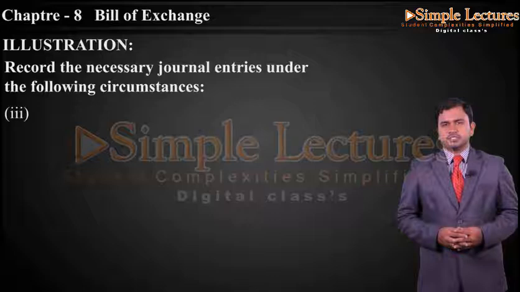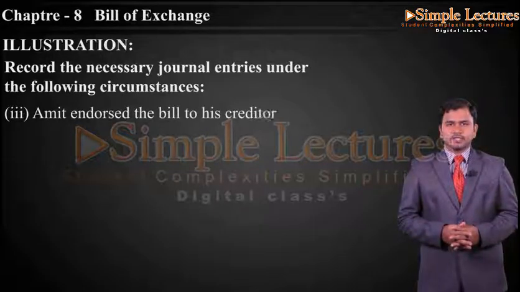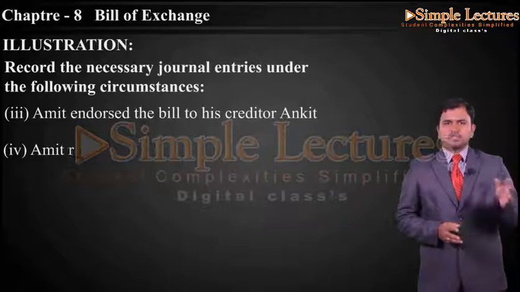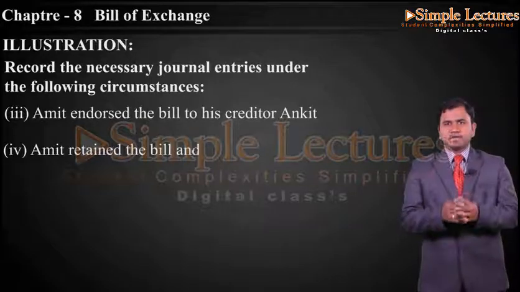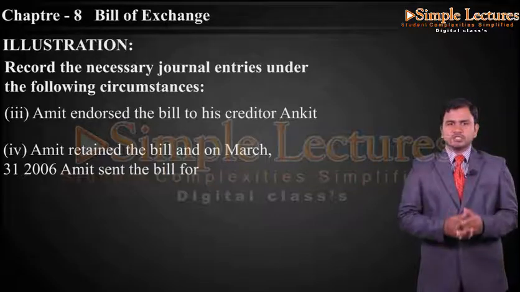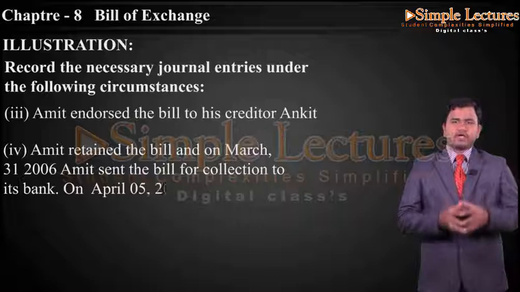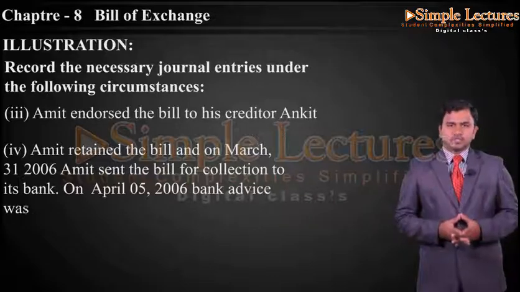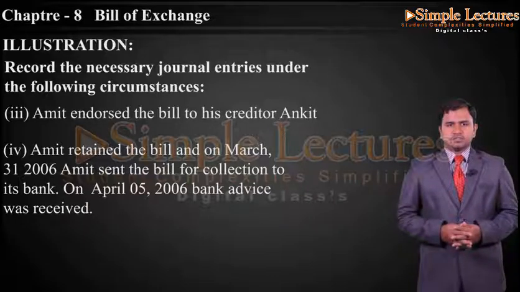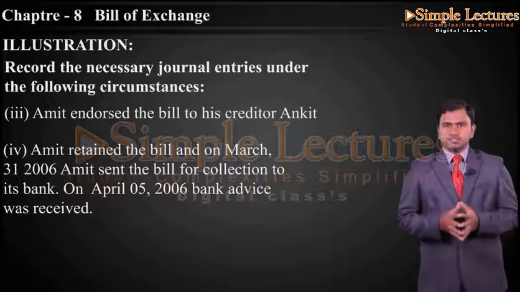The third case is Amit endorsed the bill to his creditor Ankit. And the fourth case is Amit retained the bill and on March 31st 2006 Amit sent the bill for collection to his bank. On April 5, 2006 the bank advice was received. So these are the circumstances where we have to pass the journal entry.